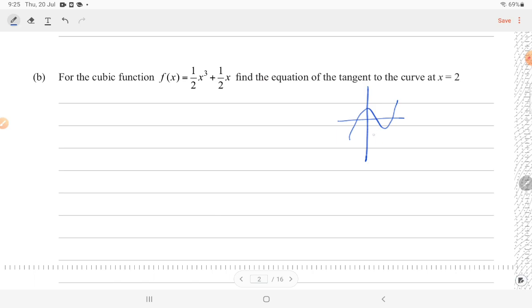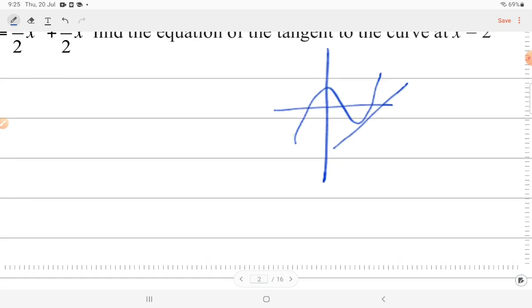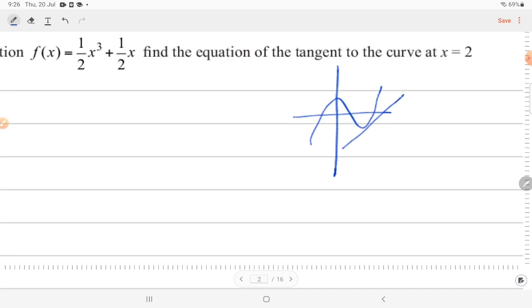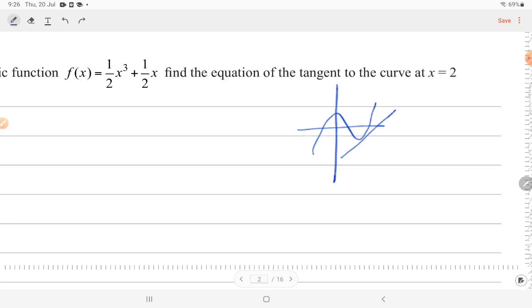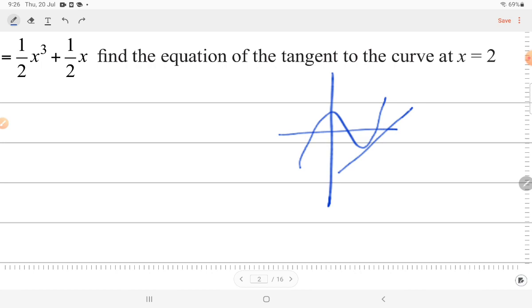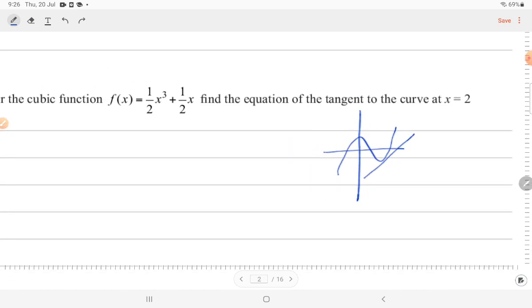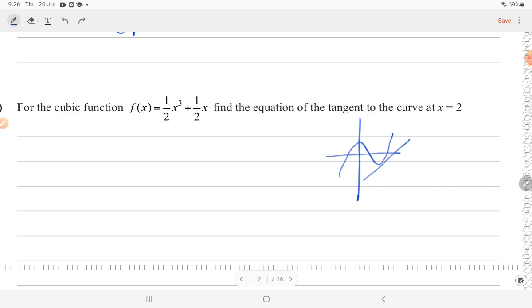A tangent is a line that just hits the curve. So for example, this cubic graph is half x cubed plus half x, and we want to draw a straight line that just hits this cubic f(x). Where this straight line just hits the function, we want to calculate the gradient. So I'll just get rid of this.